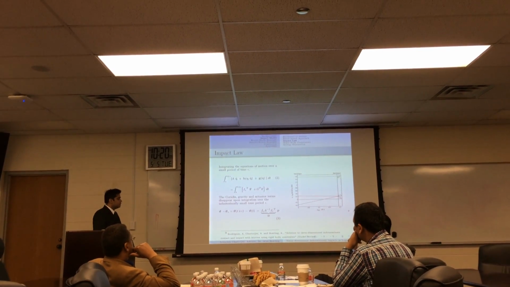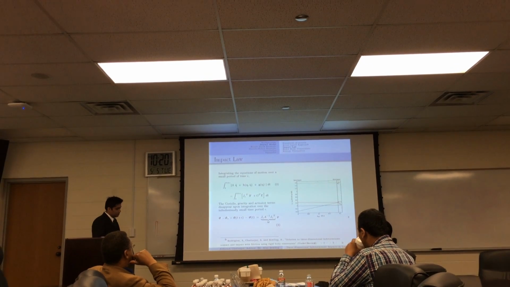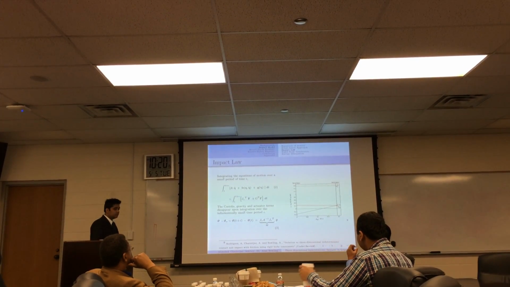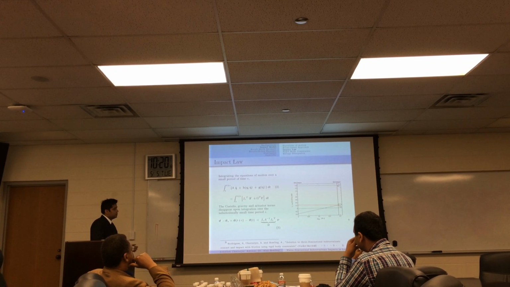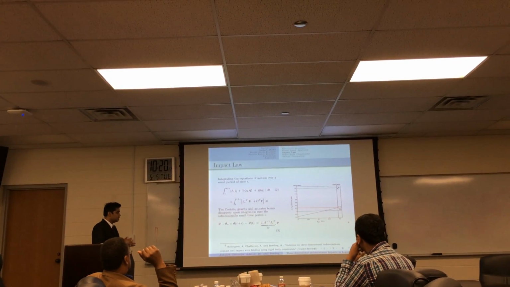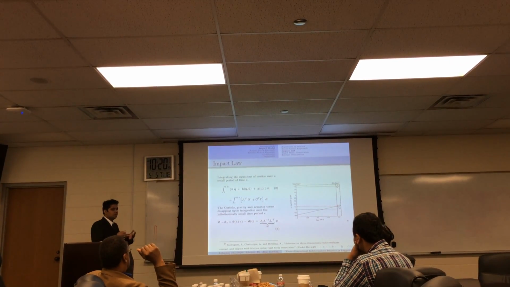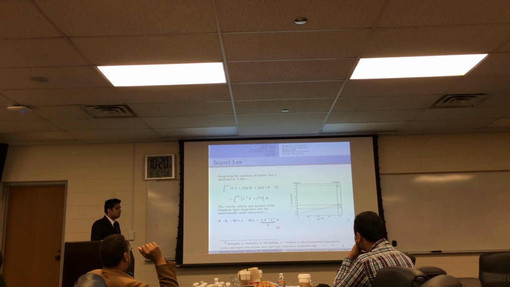And we need to find the impulse in such a way that the whole system is energetically consistent, which means that the change in energy after impact should decrease and not increase.